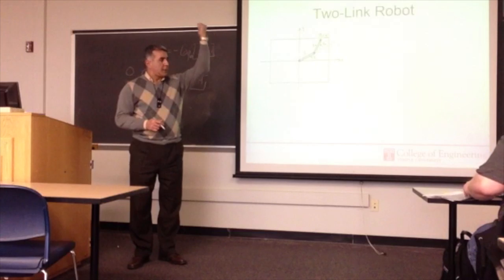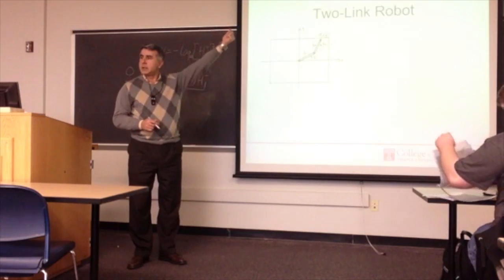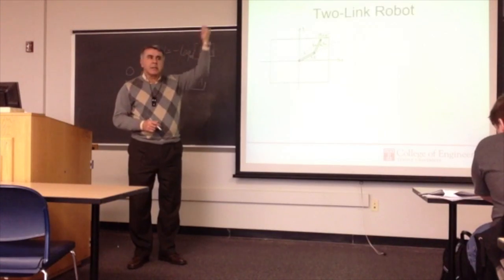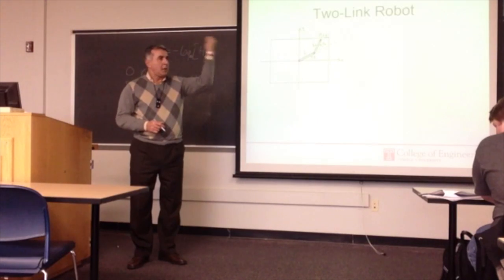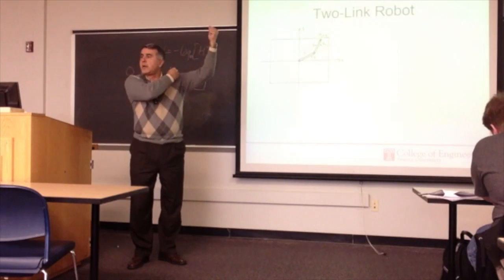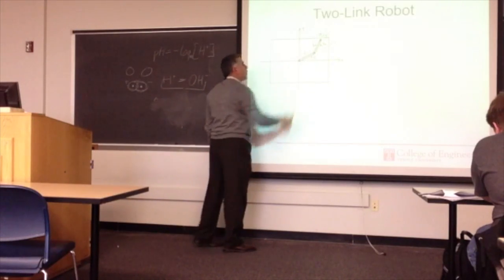Now we have this. You see this? It's a two-link robot. The difference between a one-link and a two-link is the extra motor that we have. In other words, we would have one over here, and we would have one over there.